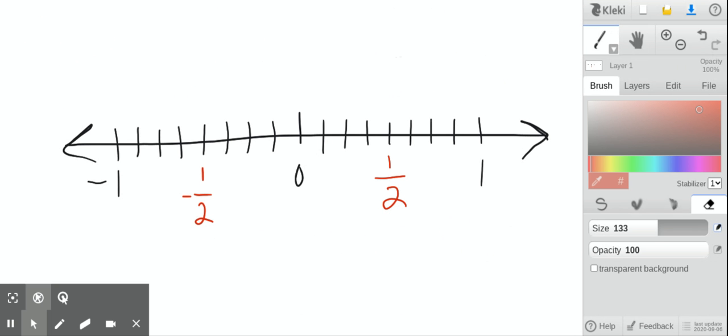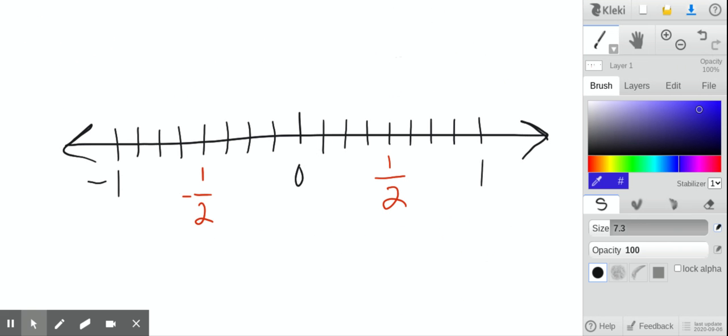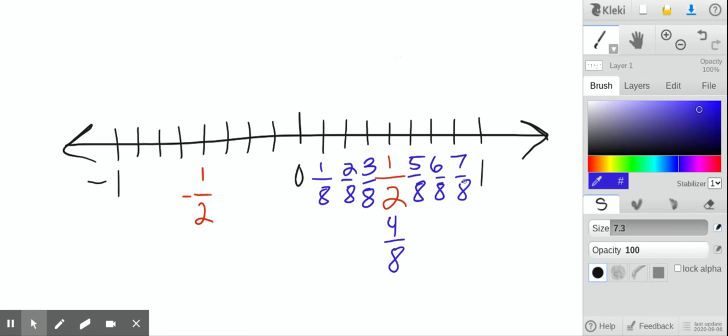Okay, so let's say I were to actually mark up my number line here. So I'm going to make this 1/8, 2/8, 3/8. That technically is going to be 4/8, 5/8, 6/8, 7/8, and our 1 whole is 8/8.